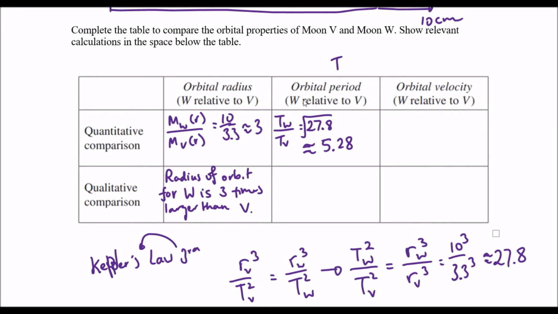So that's how much bigger the orbital period of W is relative to V. So the orbital period of W is 5.28 times larger than V. Or in this case, technically speaking, we actually would say longer. Okay, so that's how you do that.